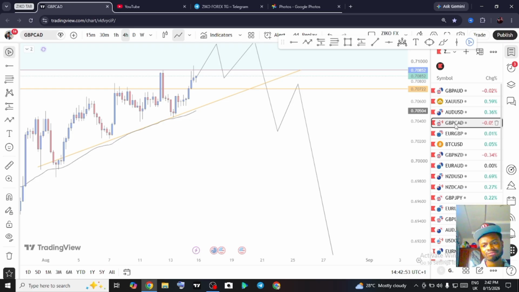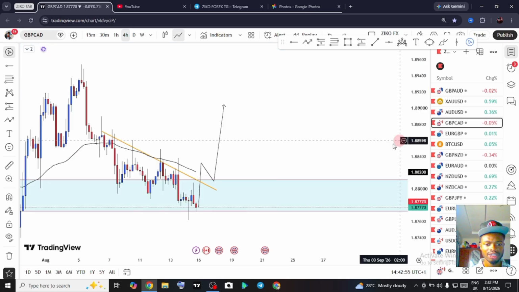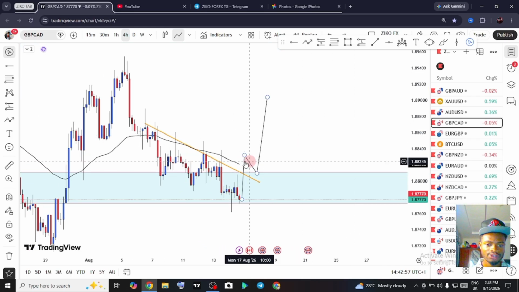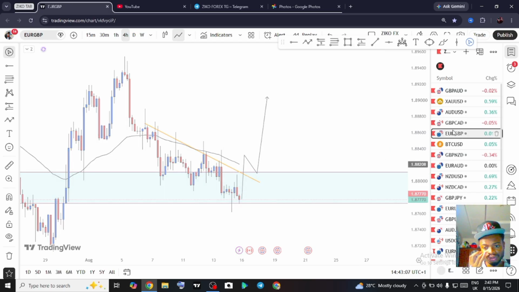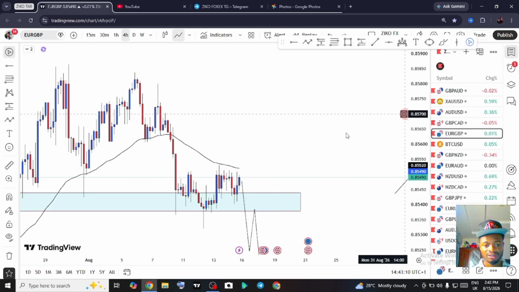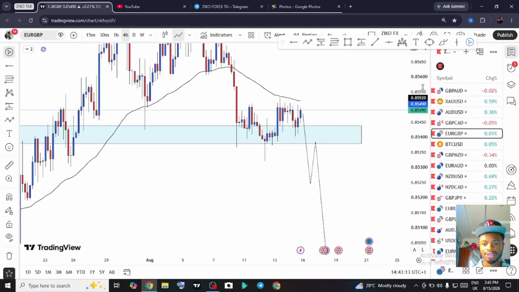GBP CAD, we are also looking for a market structure shift on the 4 hour time frame to buy. Might actually still not end up playing out this week. It really just depends, you know. And Euro GBP, for a break and retest below to sell.